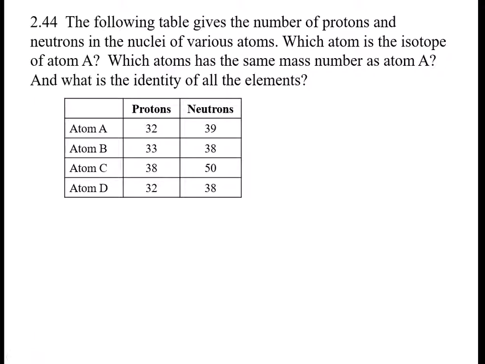Problem number 44 in the book gives the number of protons and neutrons of various atoms and asks which atom is the isotope of atom A. So what am I going to look at? Am I going to look at the protons or neutrons for the isotope? Well, the protons give the identity of the atom.